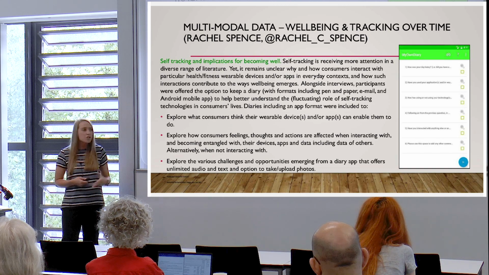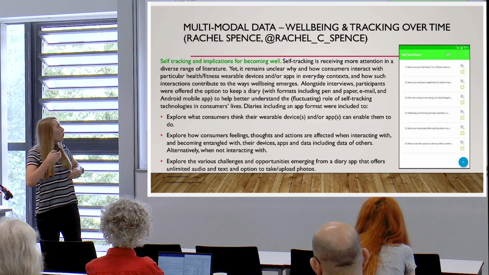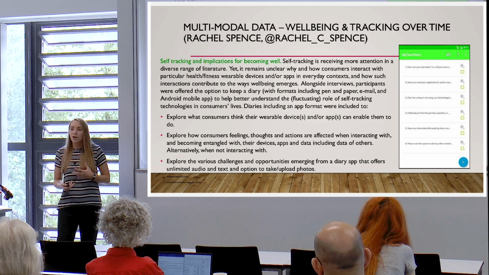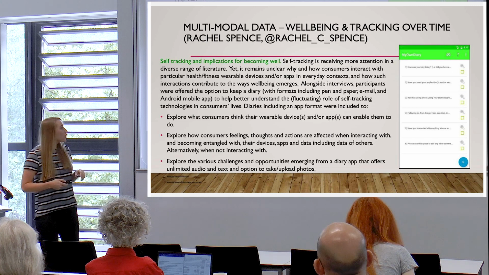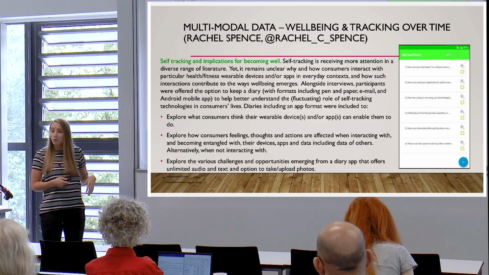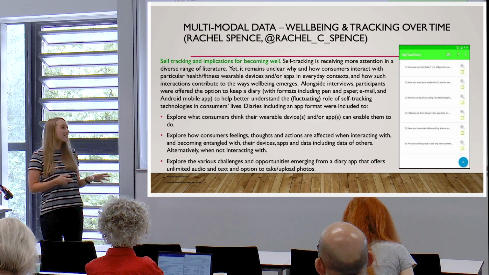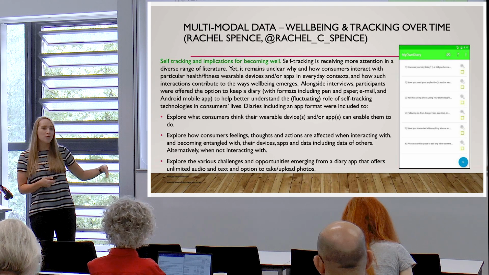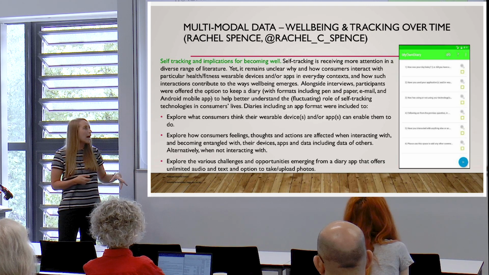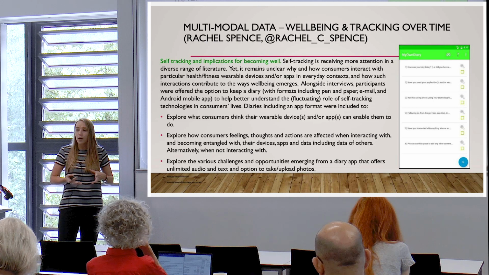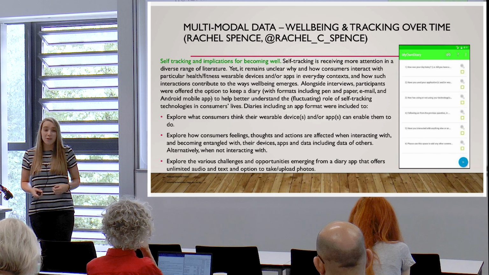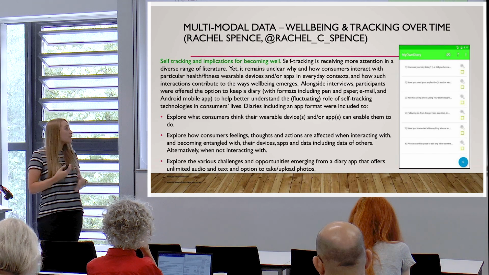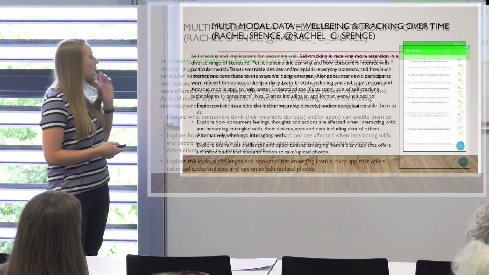Really interesting research, looking at how well-being emerges in the context of self-tracking, things like Fitbits. She was lucky enough that her boyfriend is a coder, so he was able to create a very simple Android-based diary app, and because her sample were people who use fitness tracking, she had a really good response because they're that sort of quantified self. People really enjoy keeping diaries.